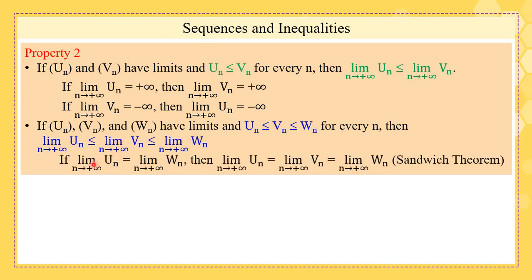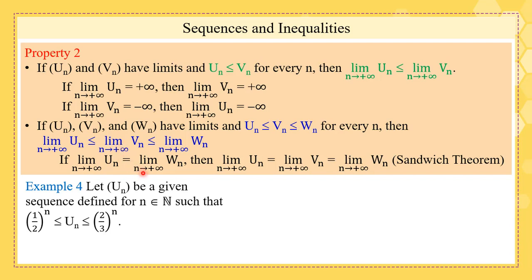And specifically, if the limit of Un is equal to the limit of Wn, then we can say that the limit of Vn is equal to both limits, and this is what we call the sandwich theorem. Well, if I say that I have a certain quantity which is sandwiched between 1 and 1, greater than or equal to 1 and smaller than or equal to 1, in this case it would be nothing but 1.